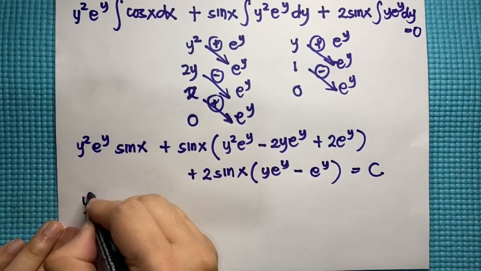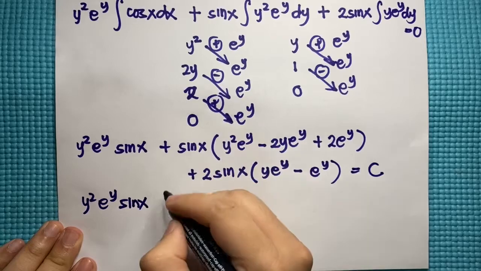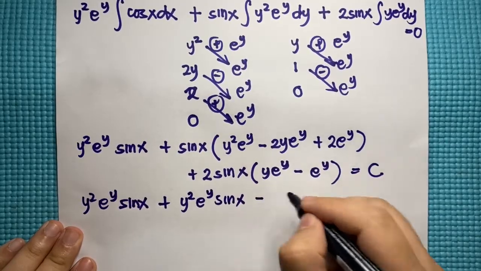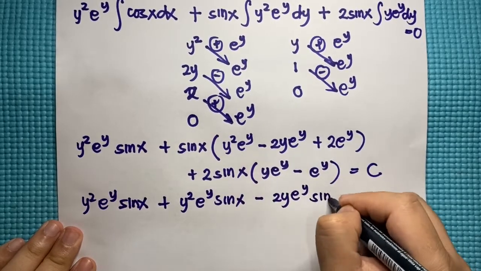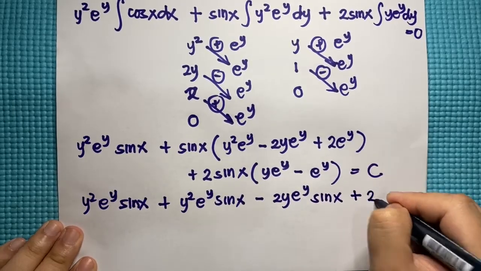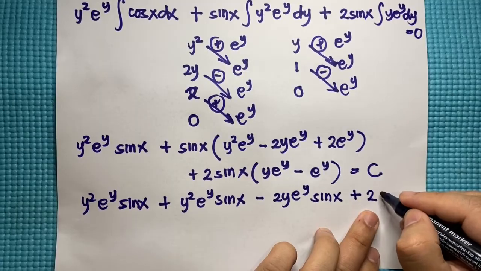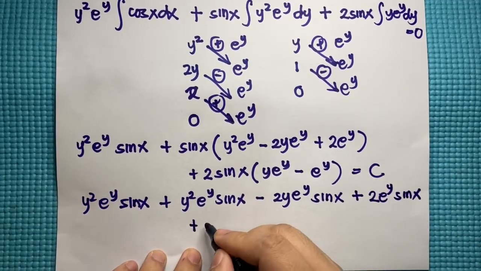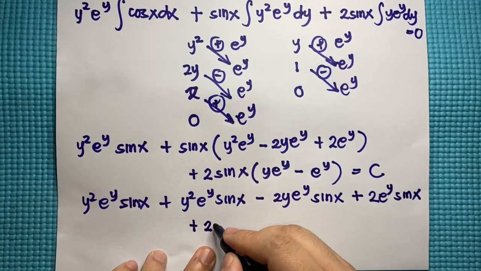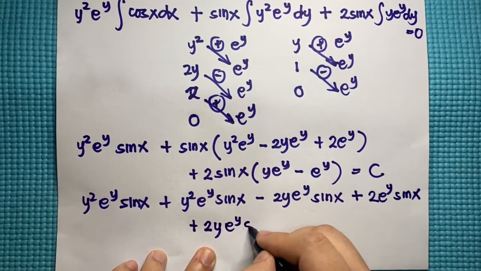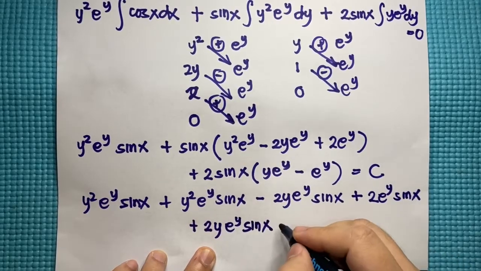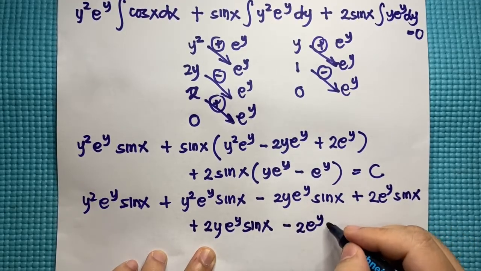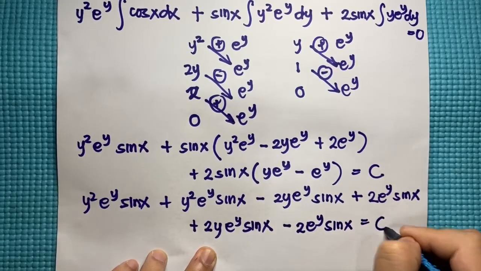So distributing, y squared e raised to y sine x, plus y squared e raised to y sine x, minus 2y e^y sine x plus 2e^y sine x, then plus 2y e^y sine x and minus 2e^y sine x is equal to c.